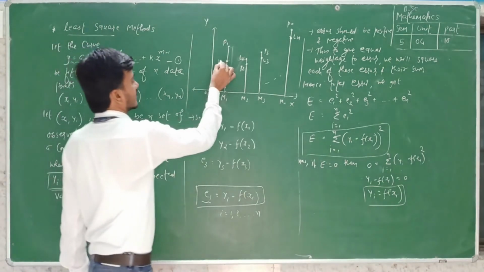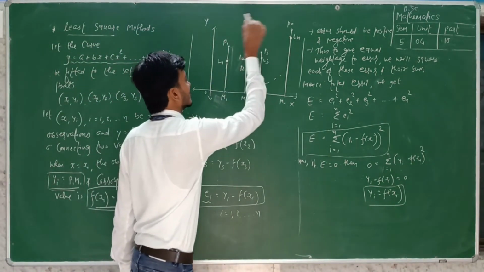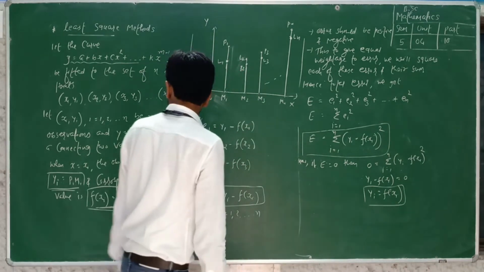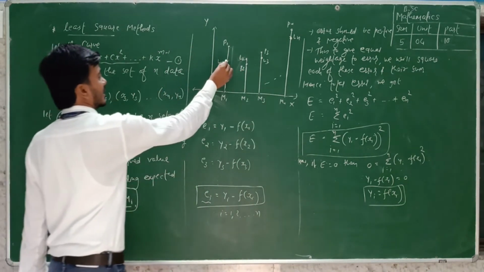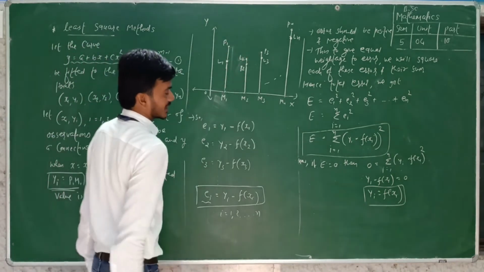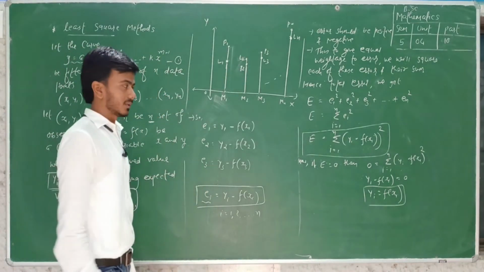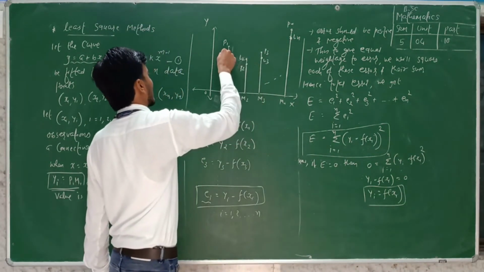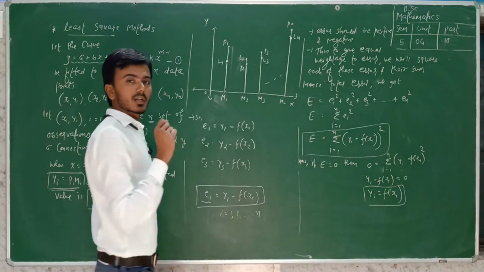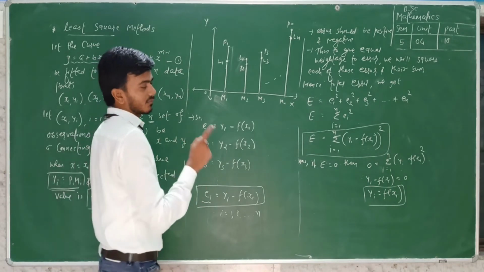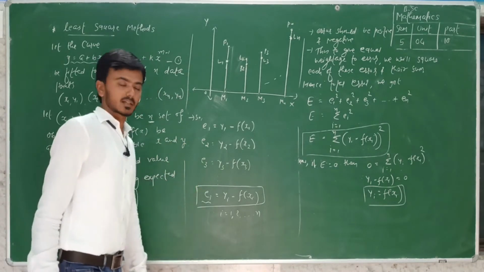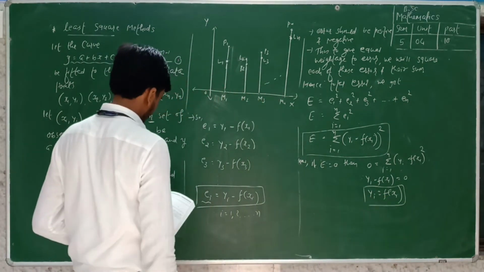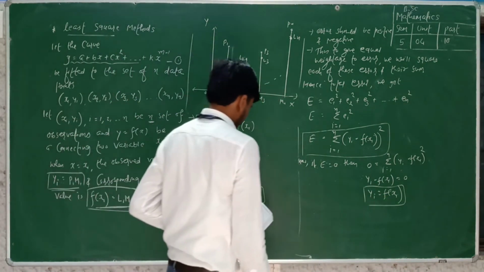So now we can draw a smooth curve through the observed values and corresponding expected values, which represents a best fit curve. All errors should be zero or a minimum, then we can get a best fit curve. So y is equal to f of xi.